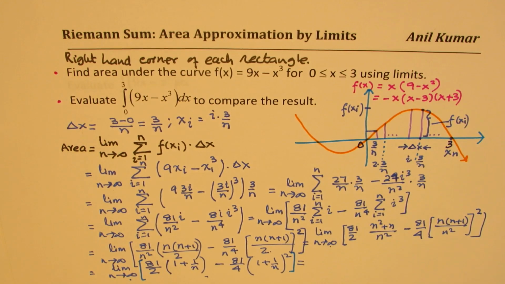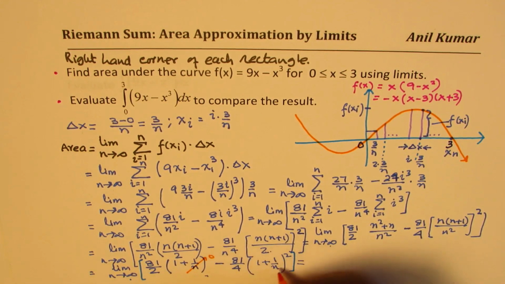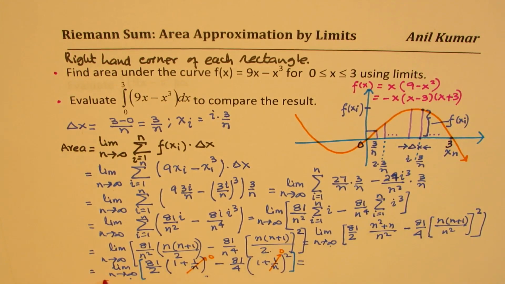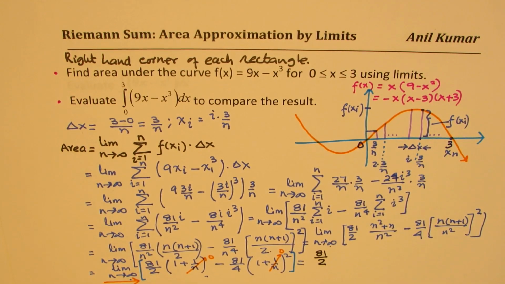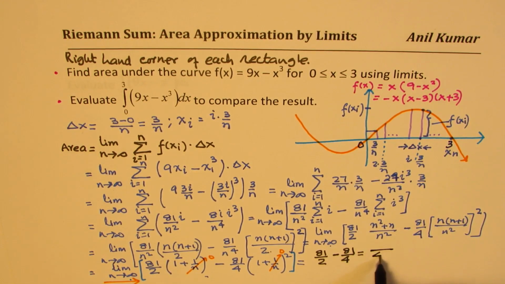So 1 over n approaches 0 when n approaches infinitely large, correct? So now you can write this as 81 over 2 times 1 minus 81 over 4. So we can take 4 common.